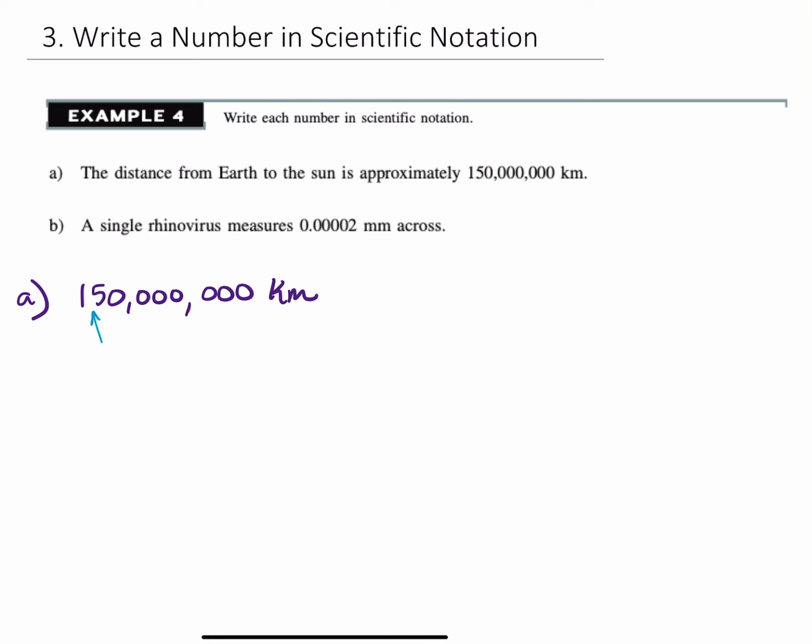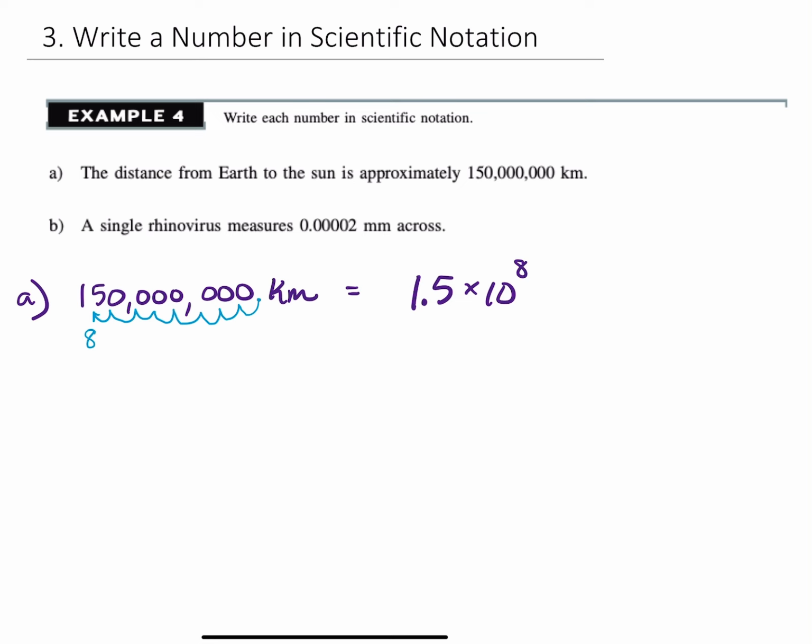So I want to write it as 1.5 times 10 to some power. And the power is the number of decimal places that need to be moved. So if I just count from this starting point, 1, 2, 3, 4, 5, 6, 7, 8, that's 8 positions. So that means this should be 1.5 times 10 to the 8.